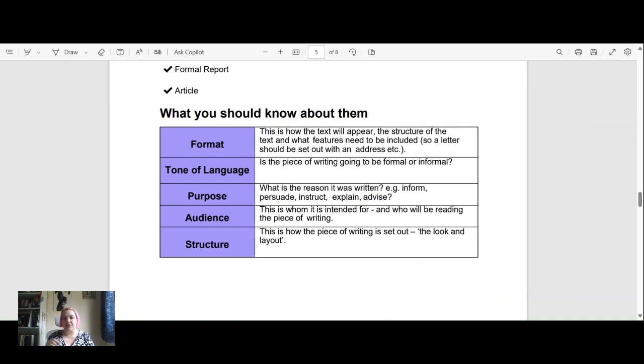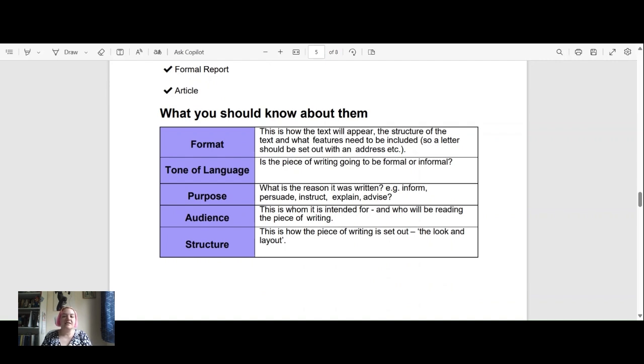This will influence things like the tone and the language. For example, if we are being asked to write to a friend or somebody that we know on a personal level, it would make the language more informal. However, if our audience is somebody professional, like the local government, your council, an employer, your local college or something like that, then you will be looking at using a much more formal register of language.